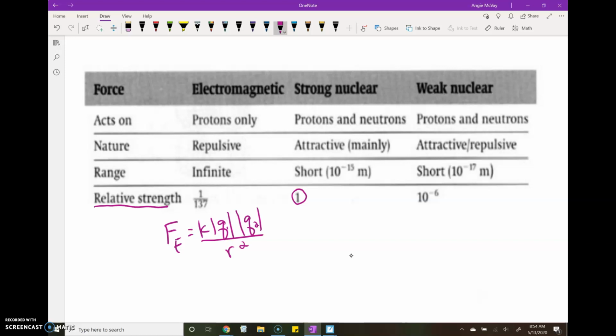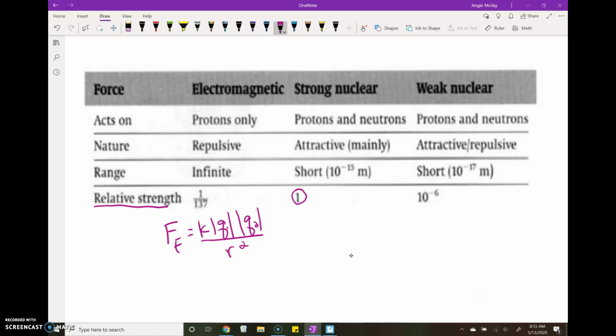Okay, and then there's a weak nuclear force. It acts on protons or neutrons. It can be attractive or repulsive, and it has an even shorter range, right? So things have to be even closer together for the weak nuclear force to act.